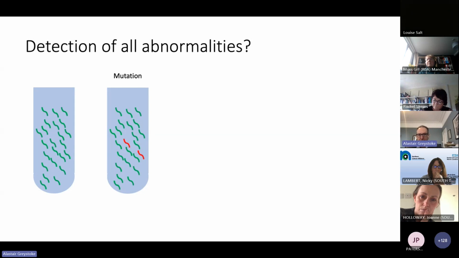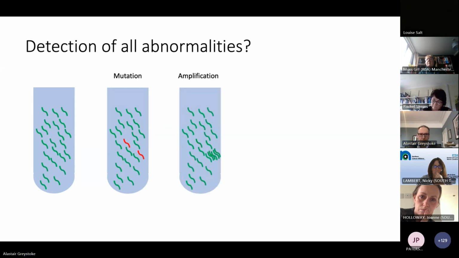So this technique, even at very low levels, is very good at picking up mutations. However, amplifications can be a bit more challenging. If you just look at that straight away, you might not spot the amplification until I put a little red circle around it. That's then showing that there are multiple different copies of that same gene. I'll take it back again so you can see it, and then it goes, okay.